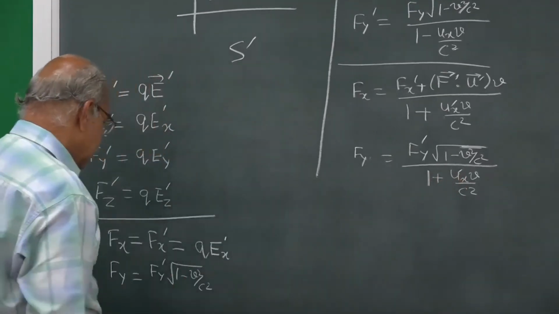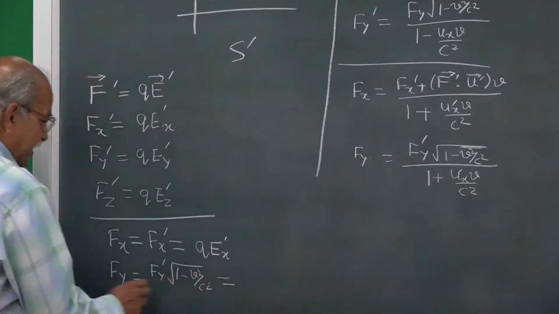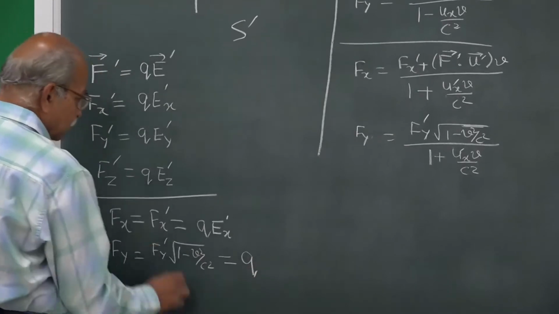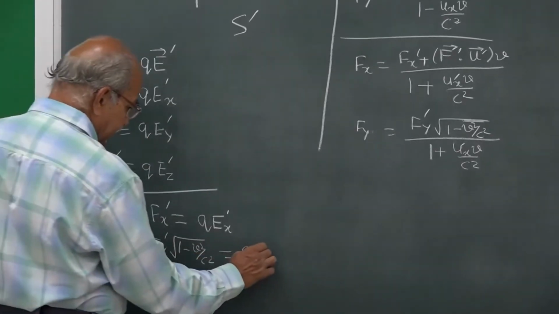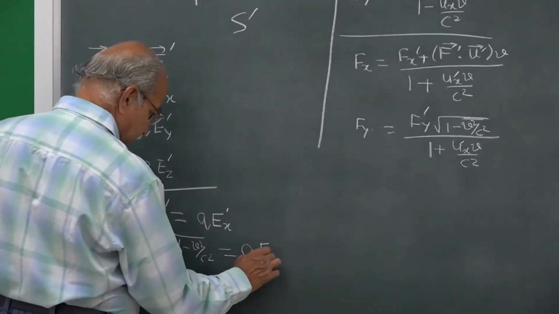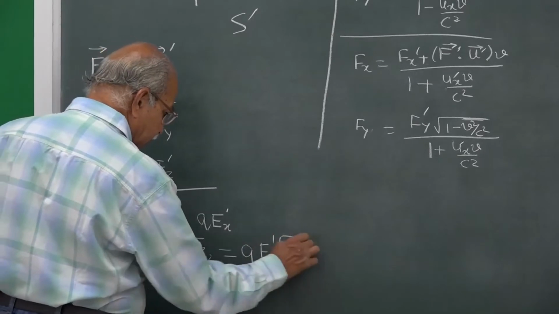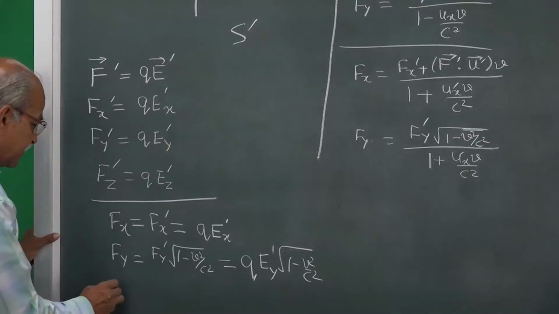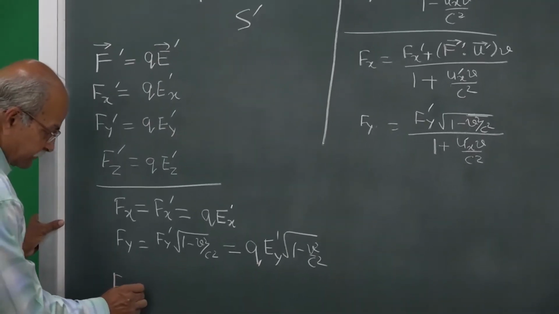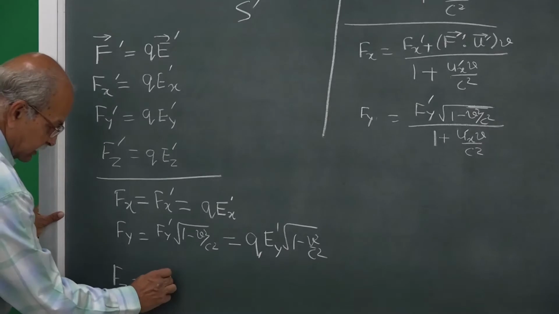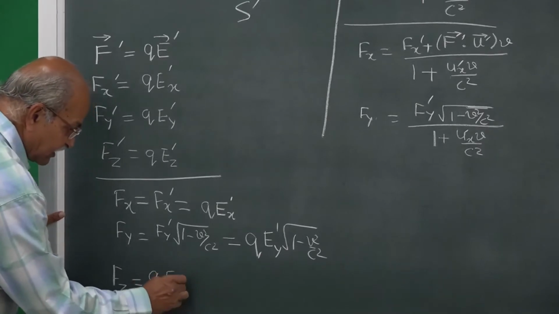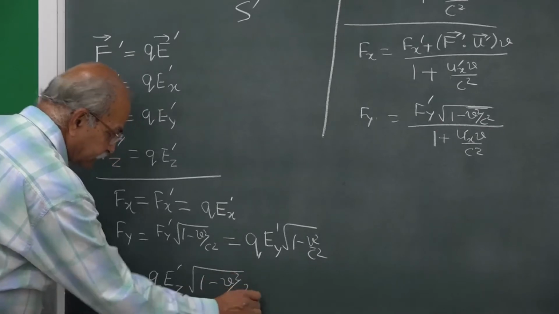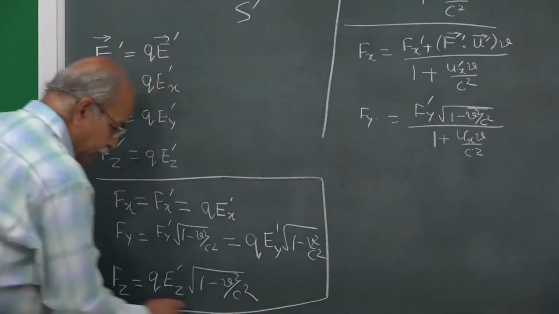And what is Fy prime? Fy prime is q times Ey prime, so Fy is q times Ey prime and square root of 1 minus v square by c square, and similarly Fz will be q times Ez prime and square root of 1 minus v square by c square. So, keep this in mind, we will be using it.